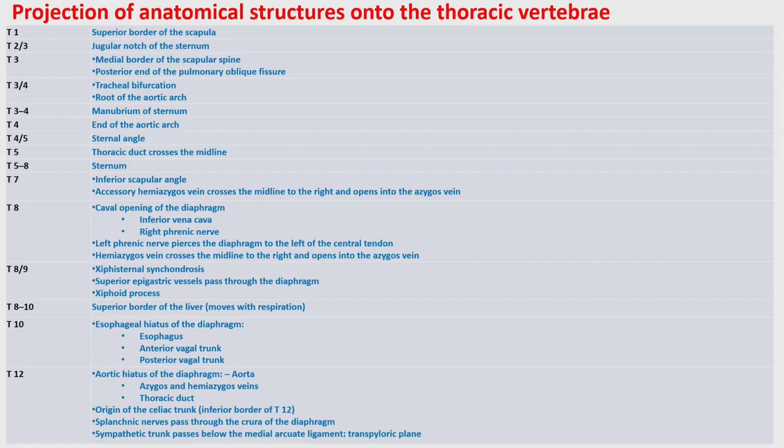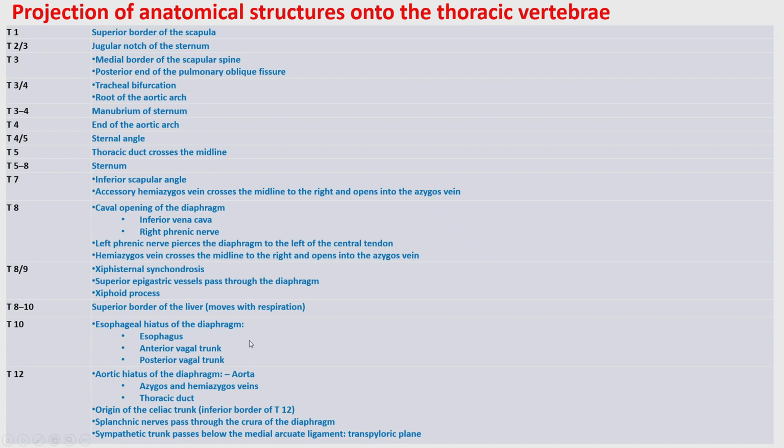Here there is a table of the most important projections of the anatomical structures on the thoracic vertebrae for your reference. For example, the sternal angle is approximately at the level of T4-5, and the inferior scapular angle is T7, as we said.